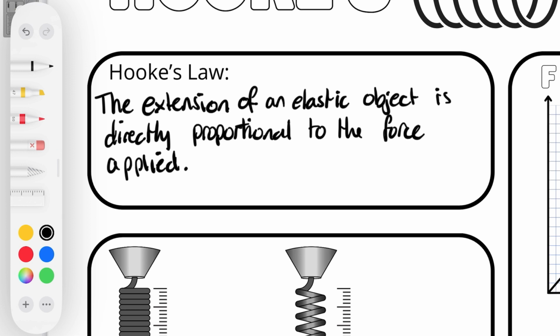Okay, so what that means is as you're putting force on a spring, for example, the amount that it's extending should be directly proportional to the amount of force you are adding to it.